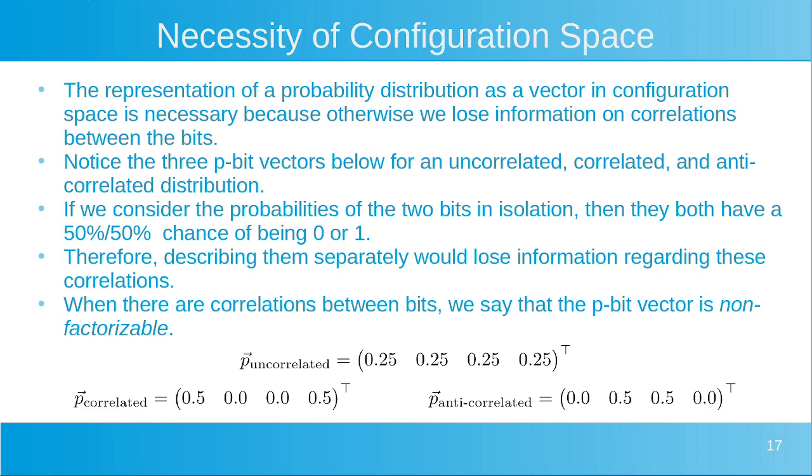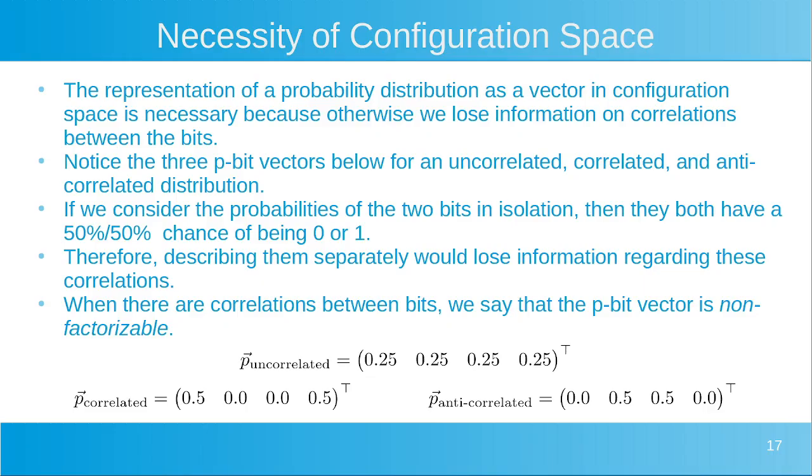However, if we think about the probabilities of each bit taken separately, so we consider just the probabilities of one bit and not both of them together, then it's pretty apparent that the probabilities of just one bit on its own is going to be 50% 0 and 50% 1. But that's true for all 3 of these cases. In all 3 of these cases, the probabilities of the bits individually is 50% for 0 and 50% for 1.